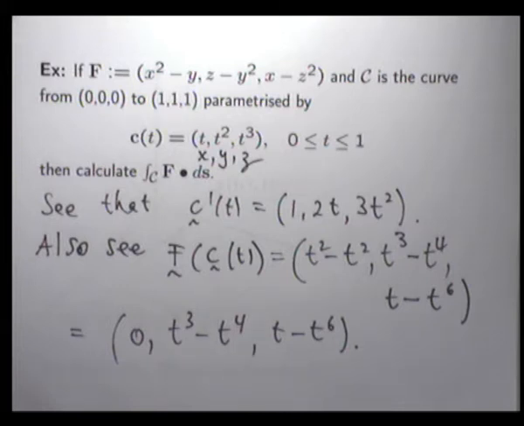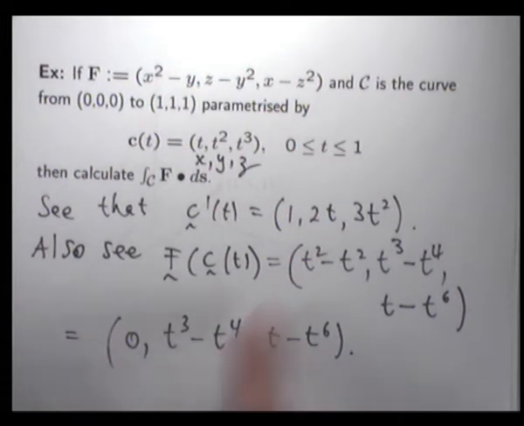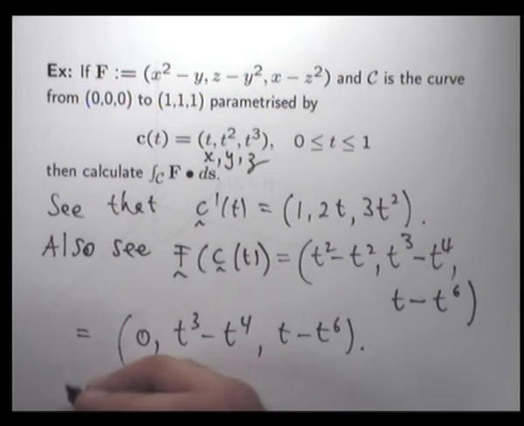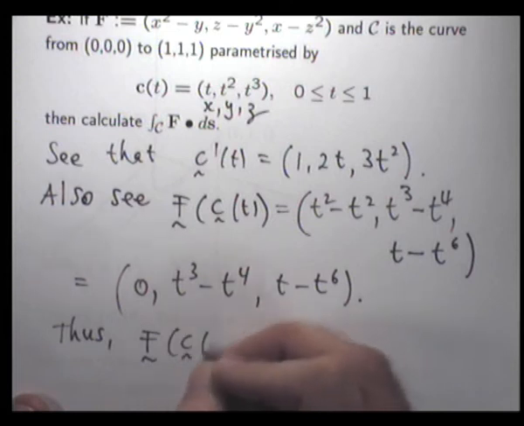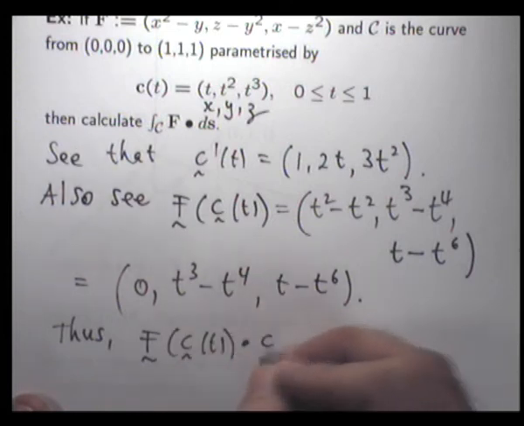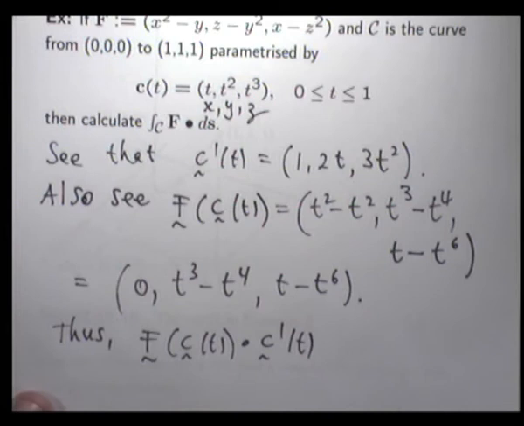So what we do now is take the two things we just computed and dot them together. That'll produce a real valued function of t, a scalar valued function of t, right? So with the dot product of these two vectors here.